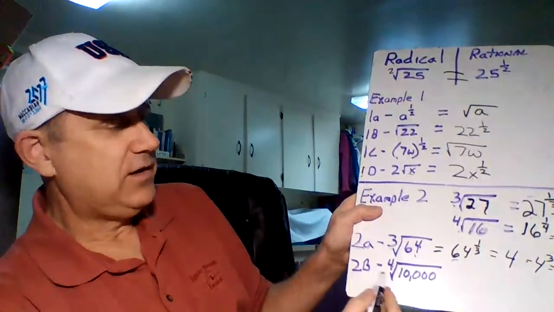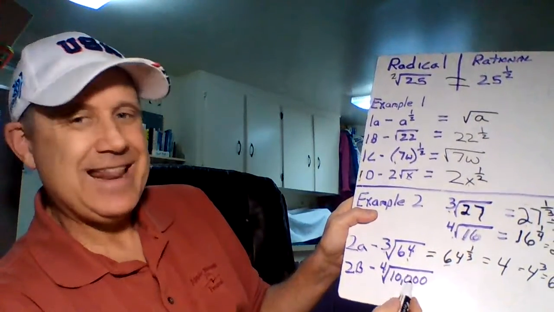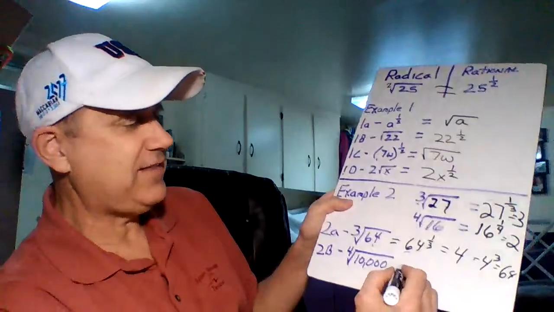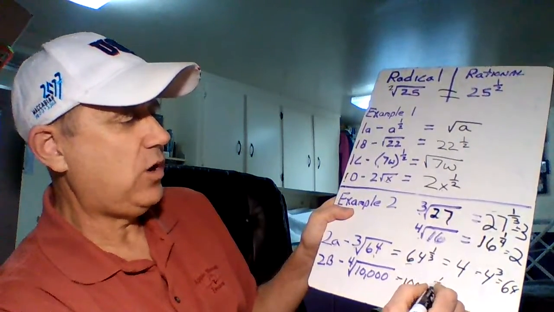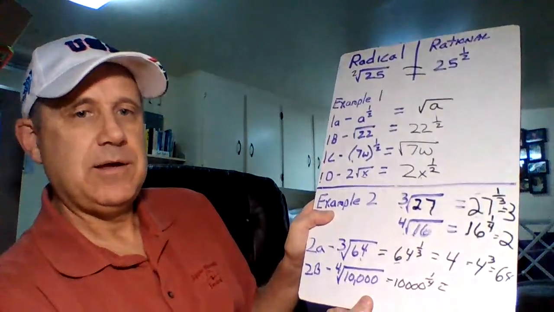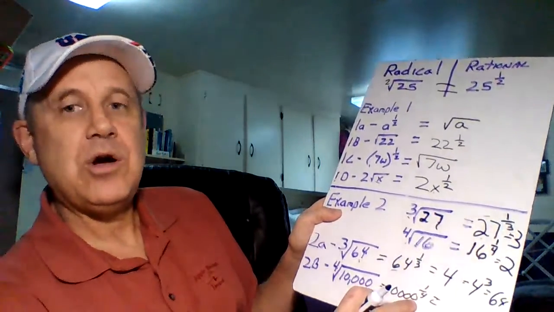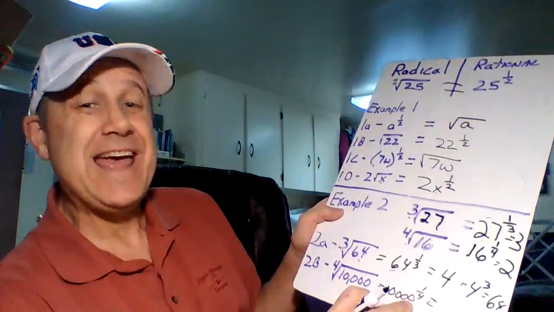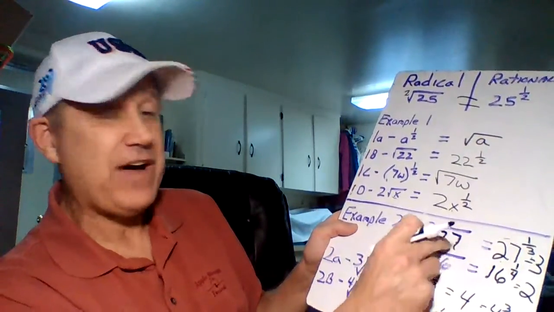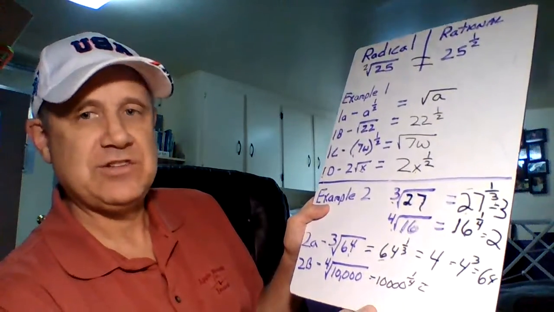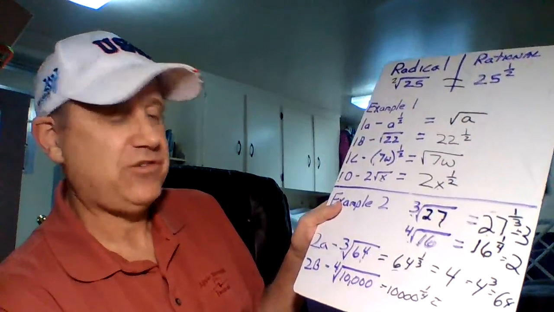Last one, example 2b. The fourth root of 10,000, we could rewrite it as 10,000 to the 1/4. If this ends in 0, we know it's going to be 10. We know it's going to end in 0. Just like if this ended in 5, we would know that the answer would be starting with a 5 as our base.